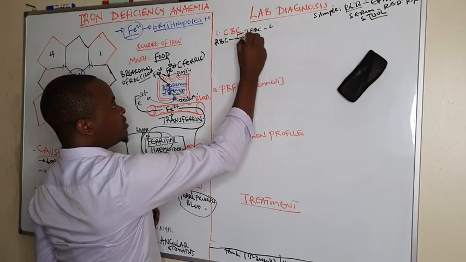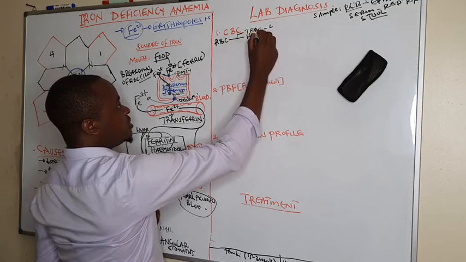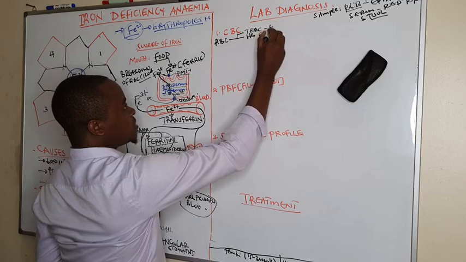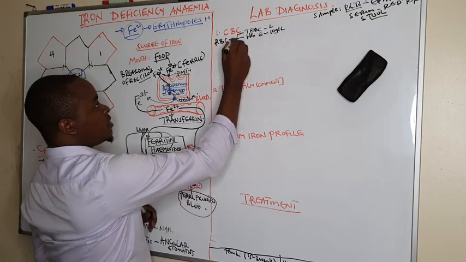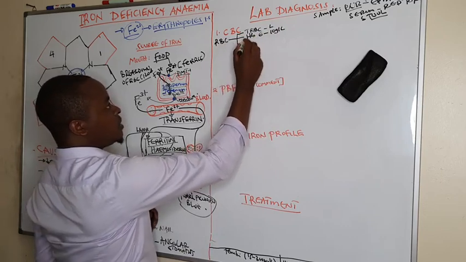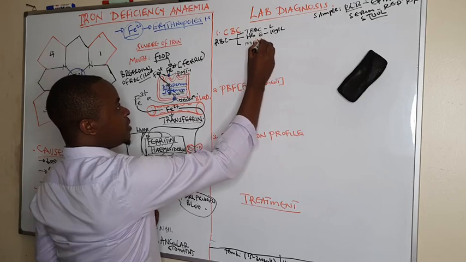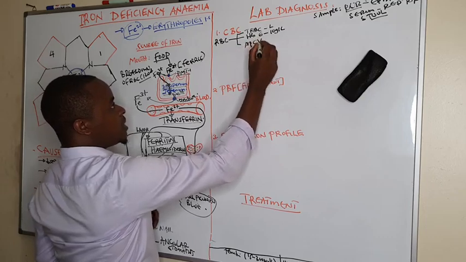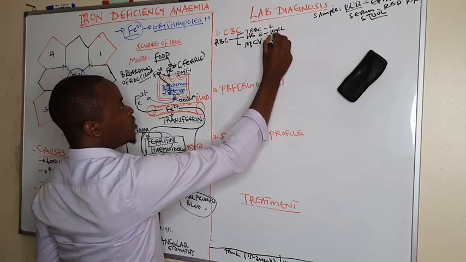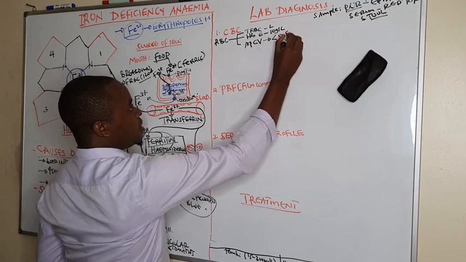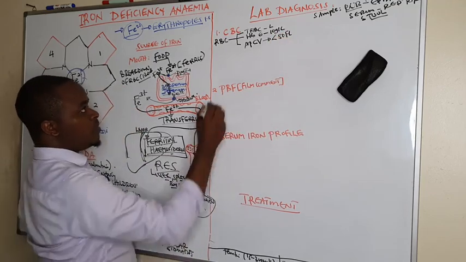We shall find HB concentration is between maybe 6 to 10 grams per deciliter. We shall find on this CBC that MCV, that is mean cell volume, is also less than 80 femtoliters.